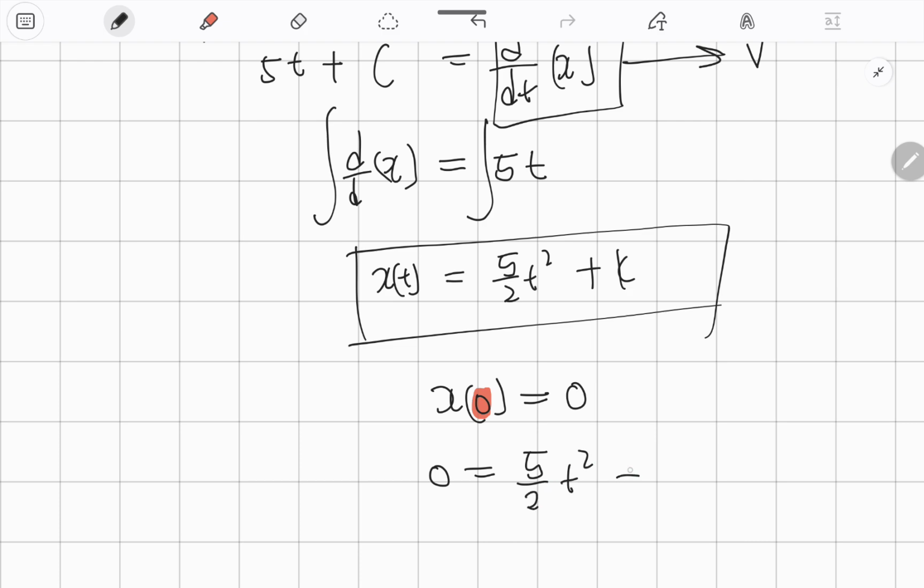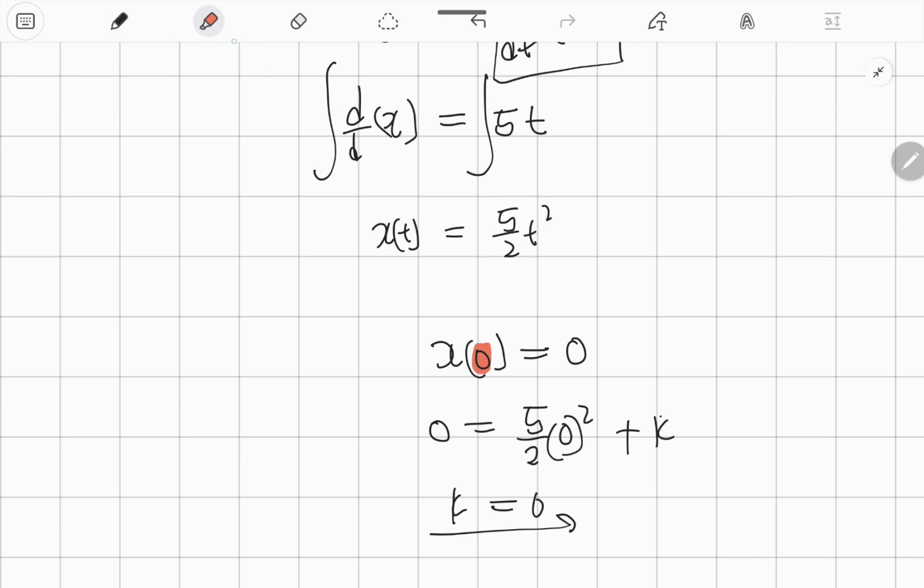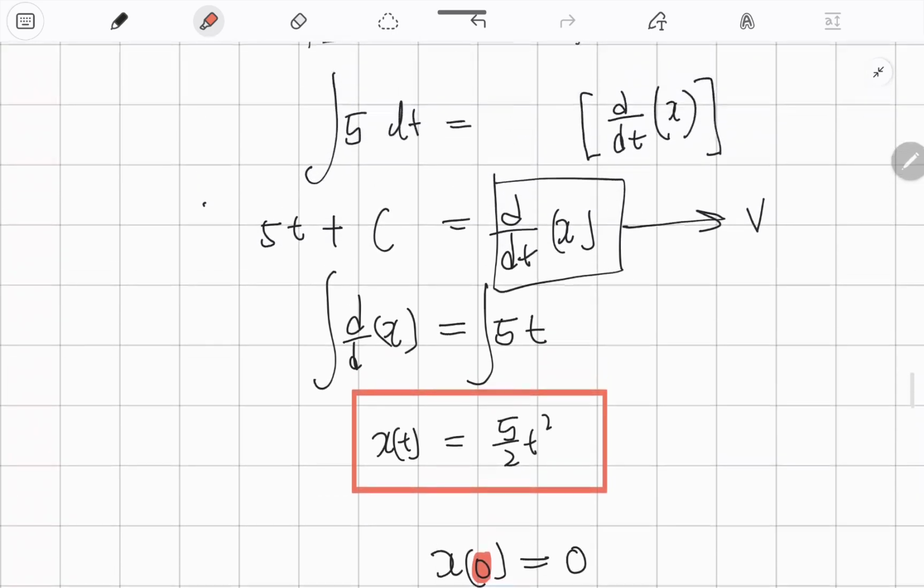It's giving 5t squared over 2 plus k. So now at time naught, time naught squared and everything naught, it doesn't matter, and our k becomes naught again. So lucky enough, we've solved this part. All right, so this is our position.